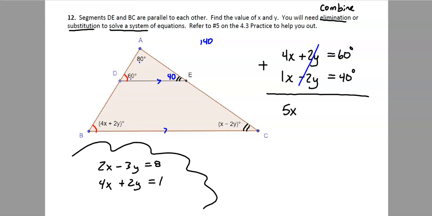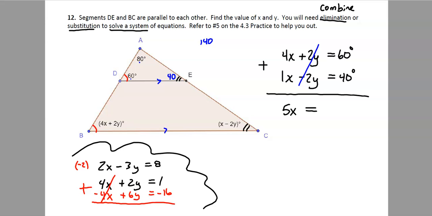So this would be somewhere where you might want to multiply the top row by negative 2, because then I will get negative 4x, positive 6y, and negative 16. And now I could add the two rows up to get something to eliminate. But I made this one easy, so you didn't have to go through all that.